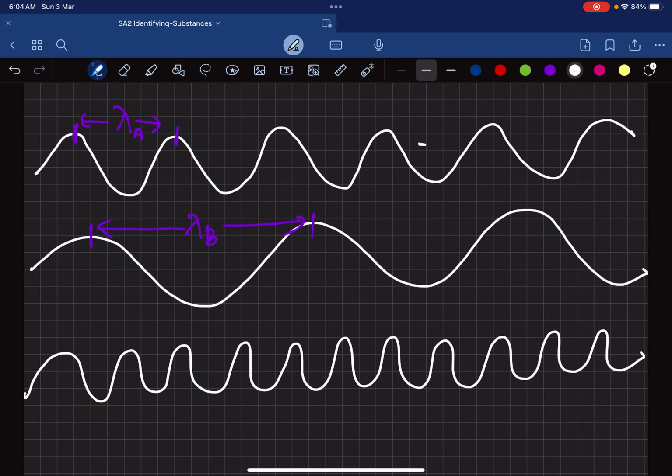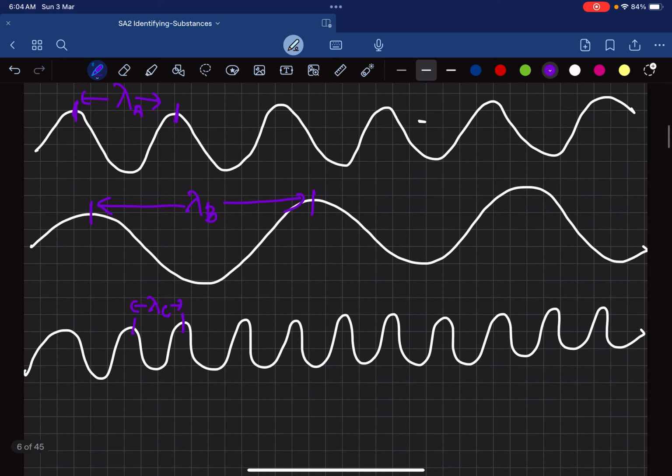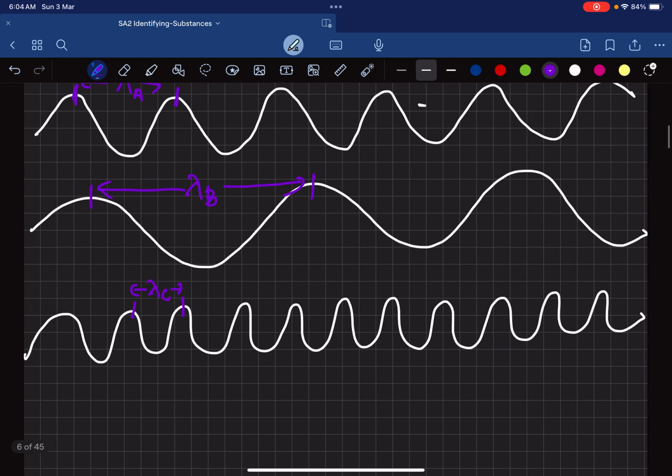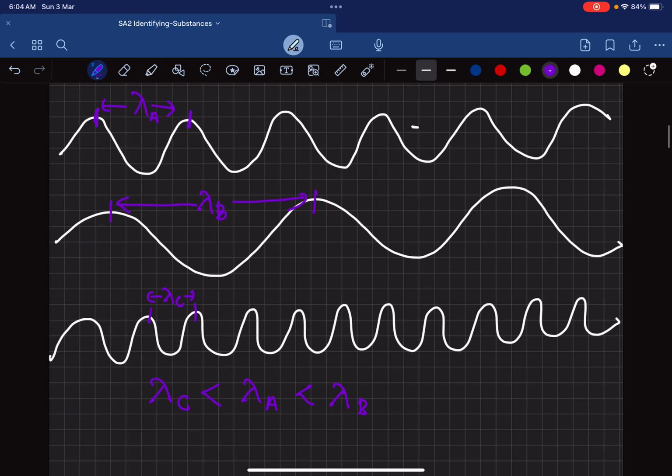Not very good, but I think you get the point. Let's say we look at this distance over here. This distance is C. What I want you to notice in these pictures is that wave C is smaller than wave A, and A is smaller than B. You see this?